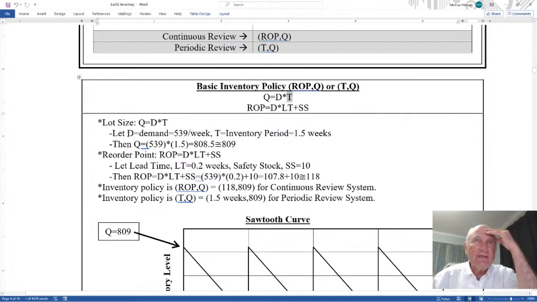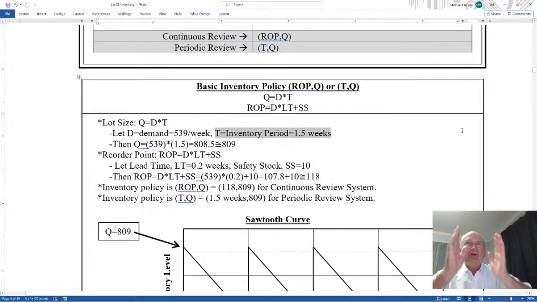So let's let the demand rate be a constant rate of 539 per week. Now it's constant, so it could be prorated over weeks, months, quarters, years. T is an inventory period, and let's let that be 1.5 weeks. So the inventory period of 1.5 weeks can be expressed in weeks, months, quarters, years.